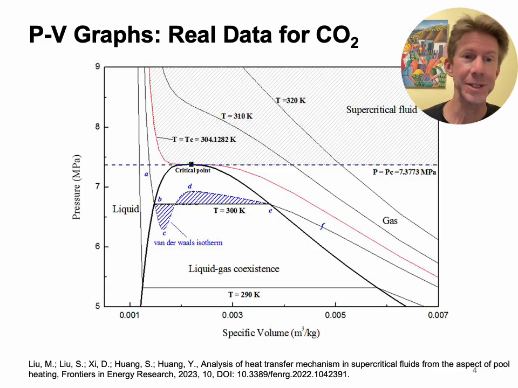What it shows is the critical point and what it looks like on a pressure volume picture. And the critical point here for carbon dioxide is 304.1282 Kelvin, pretty specific. And you can see at temperatures higher than that, the curves sort of bend a little bit.